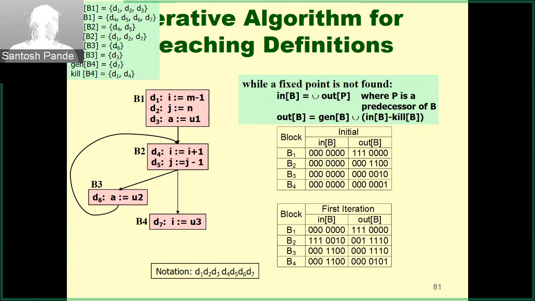Now, of course, it could be any variable. So maybe in some execution it could be I, in some other execution it could be J, in a third execution it could be A, and so on. So we must include the definitions of all the variables which start at that particular *P by adding them to the gen set for the corresponding basic block.